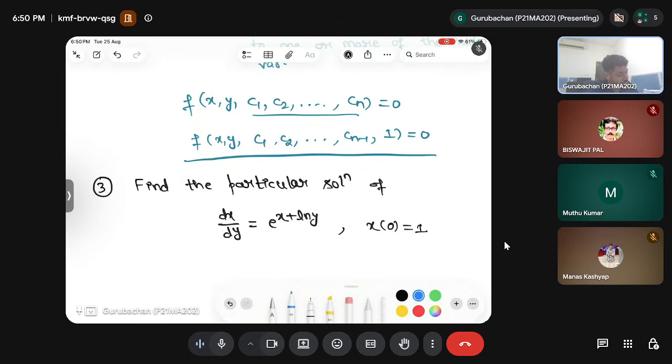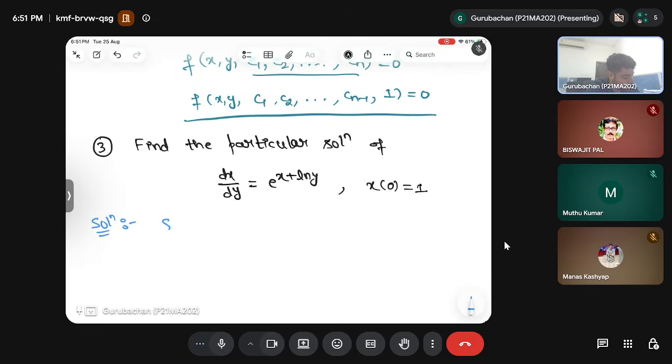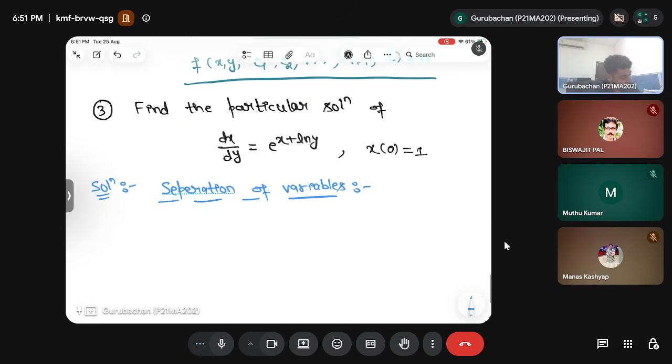Now what is the variable separable method? Obviously by name you can guess, separation of variables. So you need to separate these variables and you need to integrate it.